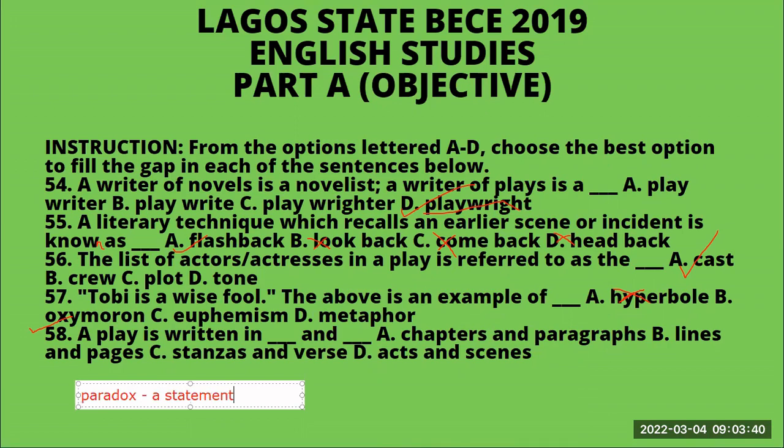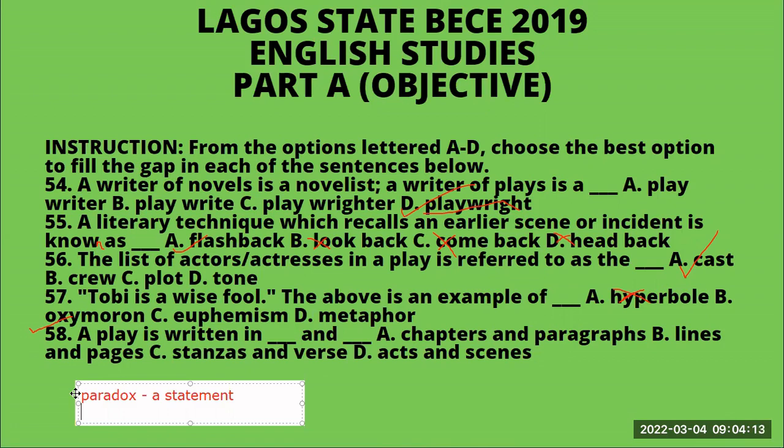Like when you say that attack is the best form of defense, or that the child is the father of the man, that is a paradox. A paradox is also using two opposite ideas, but in a statement.